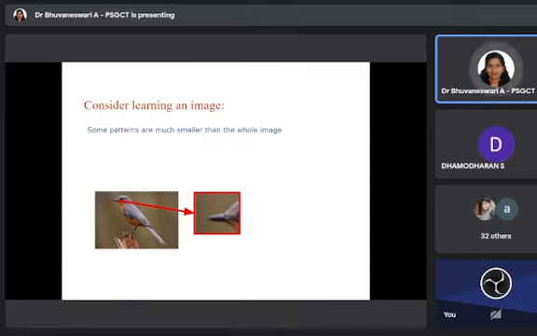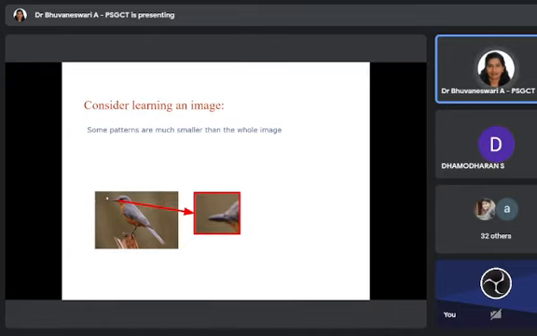So some patterns are much smaller than the whole image. When you consider this, the challenge is that you don't need to identify what the bird is. You are asked to identify where in the picture the bird's beak is.